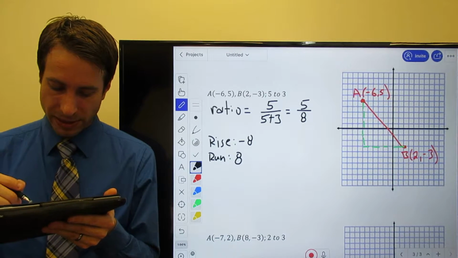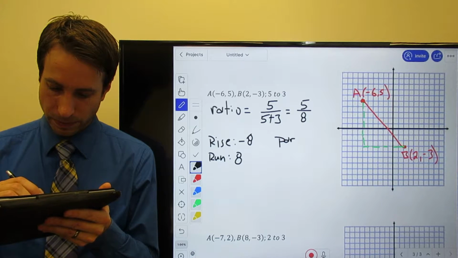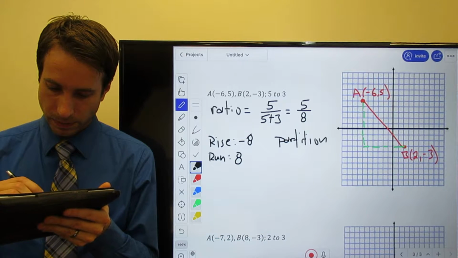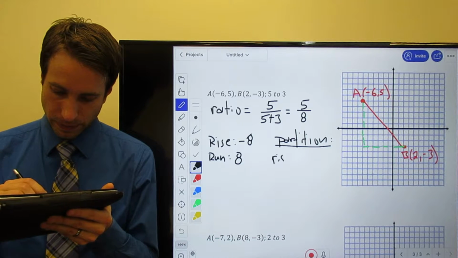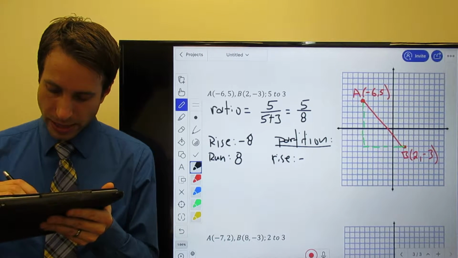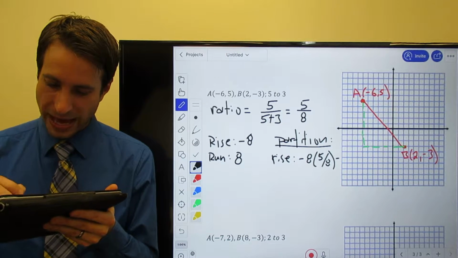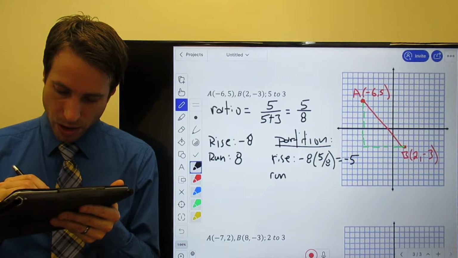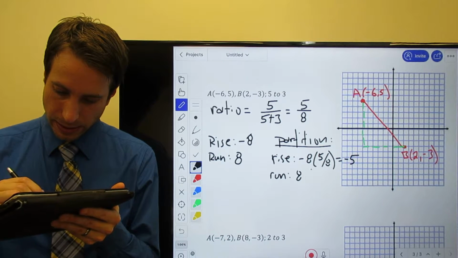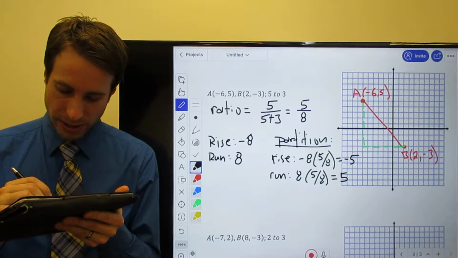Okay, so then my partition, we're going to take the rise and do -8 times 5/8. Oh, look at that. The 8's cancel, you're left with a -5. The run, 8 times 5/8. 8's cancel, you're left with a +5.